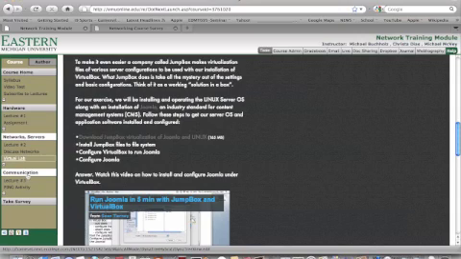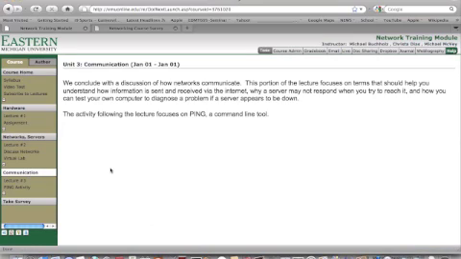In the third section, we talk about the communications of the server or the network. We're going to focus on teaching the student how to execute a ping command to test whether or not the network has connectivity and can communicate to different devices. So let's go see the lecture there.